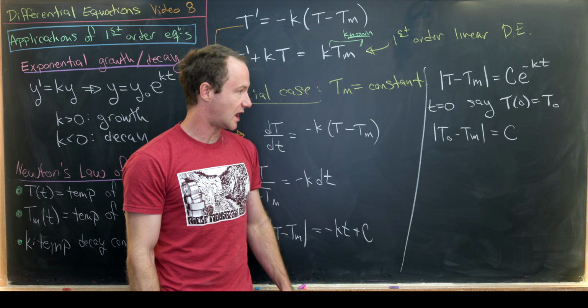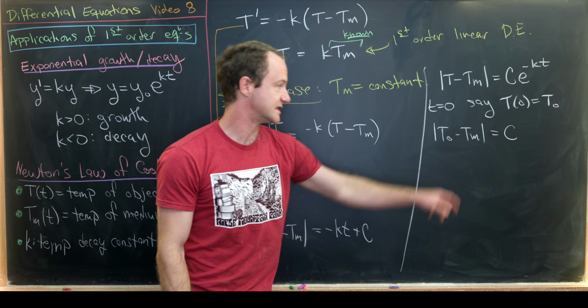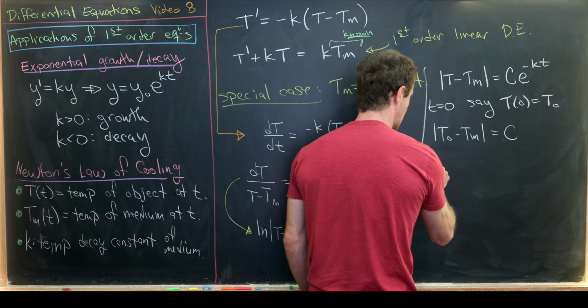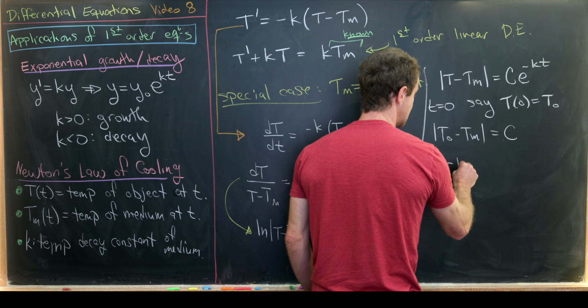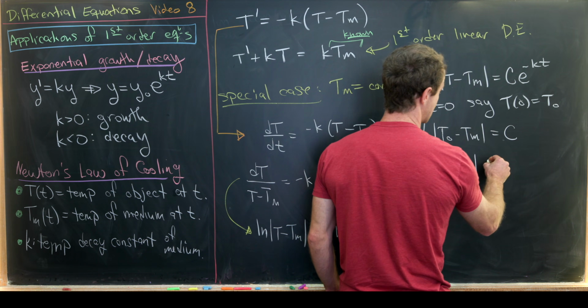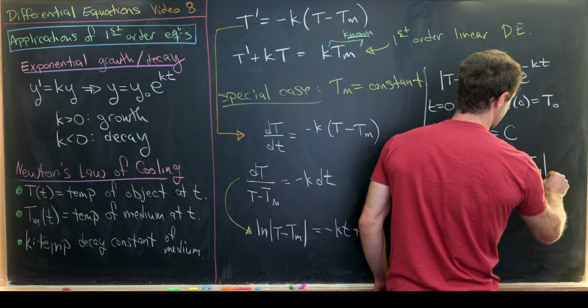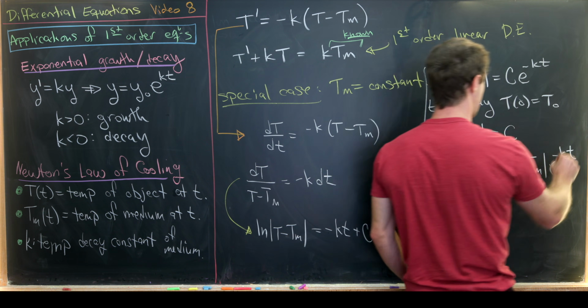So our constant is equal to this absolute value of our difference. Now we can plug that back up here, and we have the absolute value of T minus T sub m equals the absolute value of T naught minus T sub m times e to the minus kt.